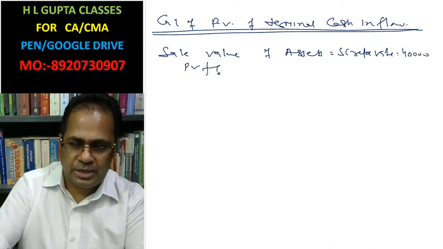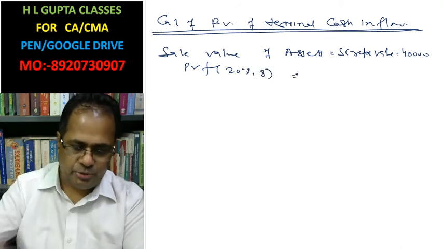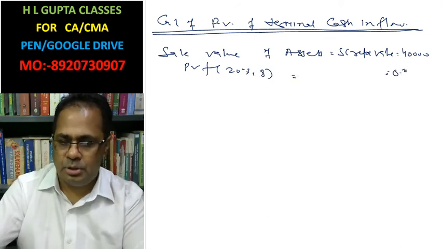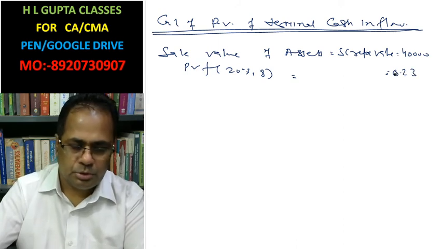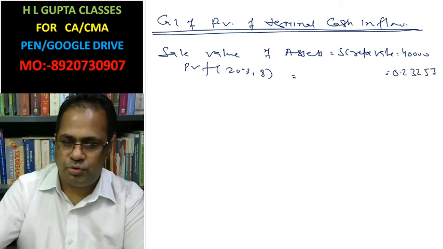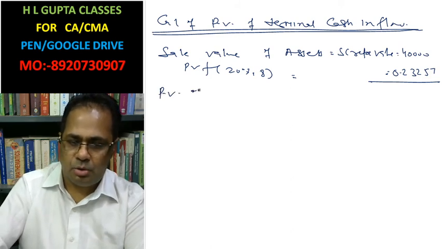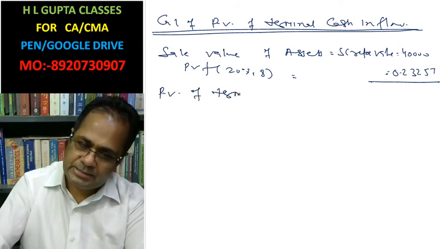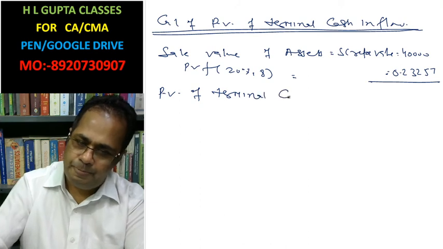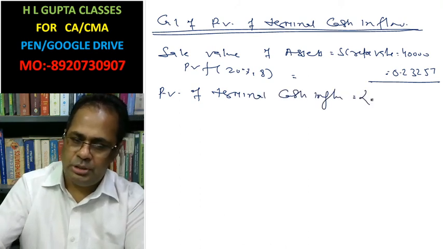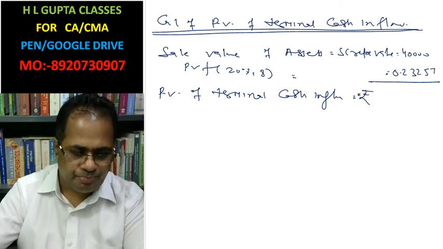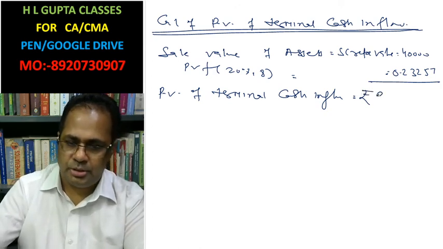Present value factor 20%, 8 years, 0.23257. Present value of terminal cash inflow is rupees 9303.